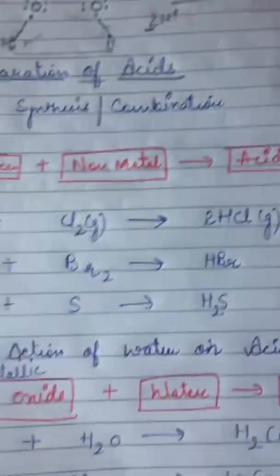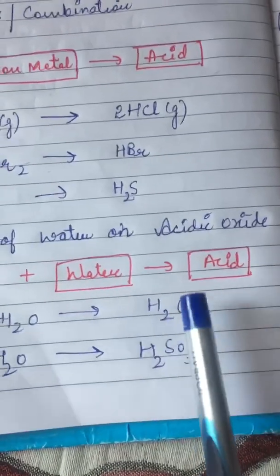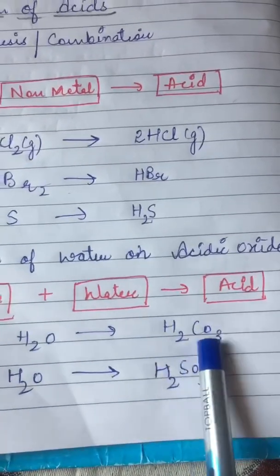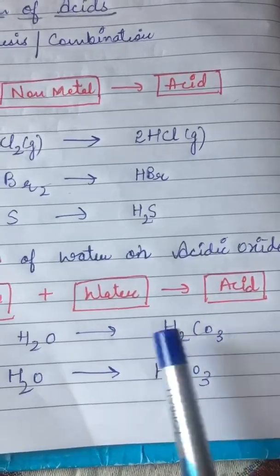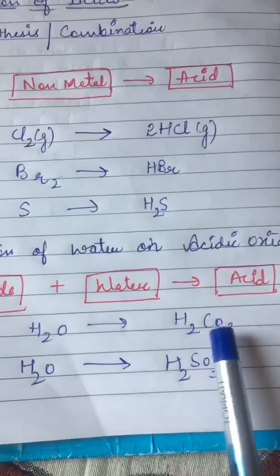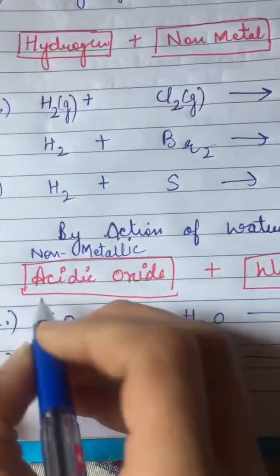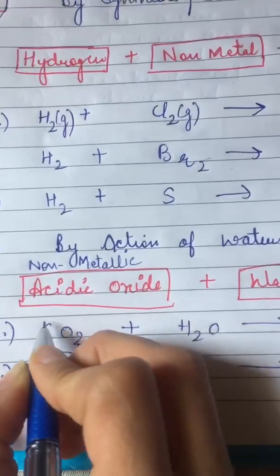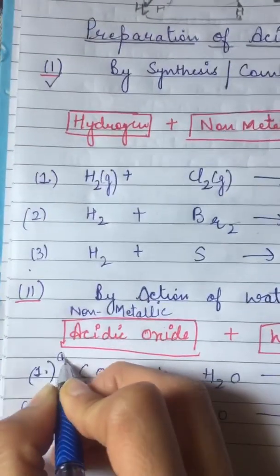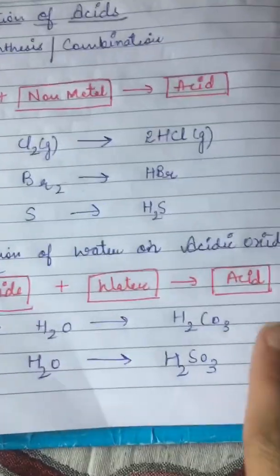Now I'll tell you about anhydride. When we have to find the anhydride of H2CO3, we will remove water. Anhydride means removal of a water molecule. H2O is removed, leaving behind CO2. So CO2 is the acid anhydride, the anhydride of carbonic acid.